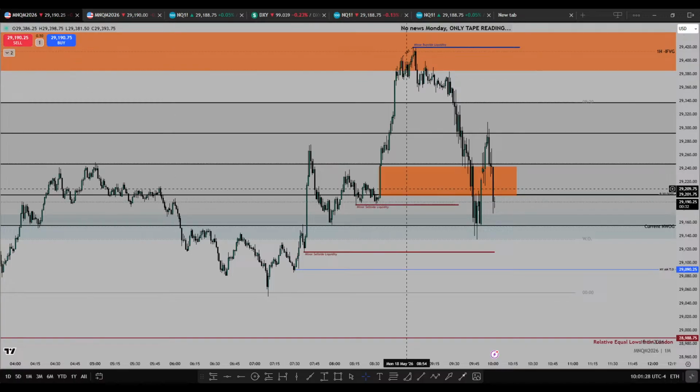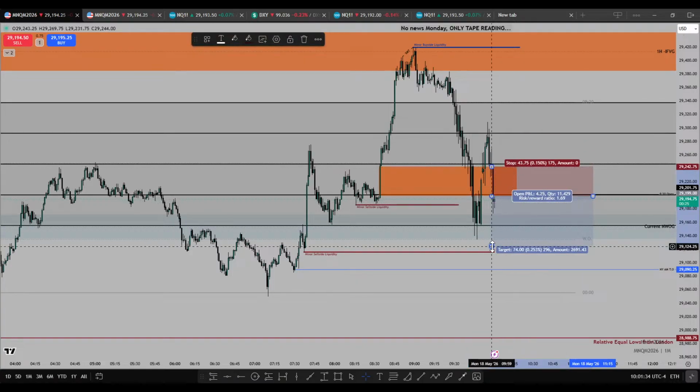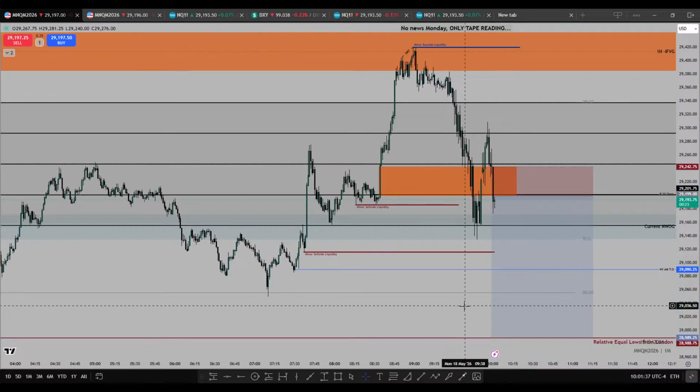Yo, I want to click this sell right now, but let's not, because it's a no news Monday. Something like that is going to be my trade. 200 handle on a Monday.